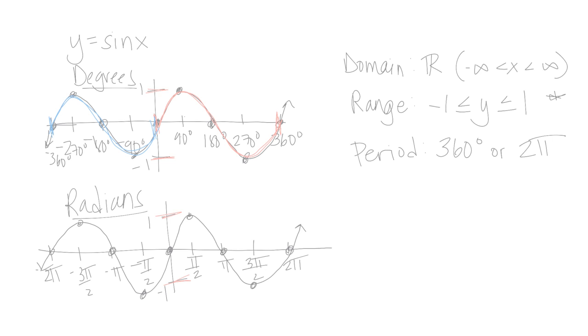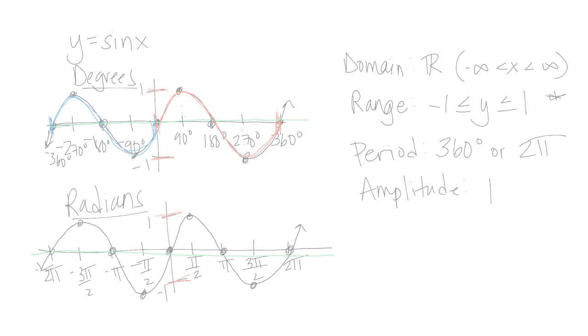Okay, so then we have amplitude. Amplitude is how big the sine graph is from the sinusoidal axis to the max or the min. So this is actually the sinusoidal axis right here. So how far apart the sinusoidal axis is to the max or the min is going to be the amplitude. So for the parent function, that is 1.